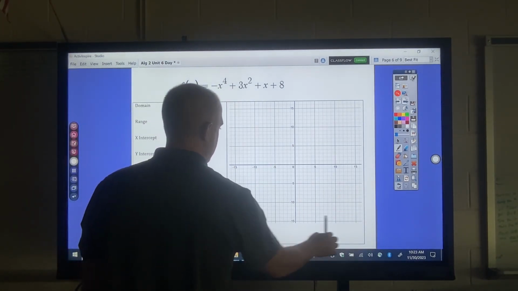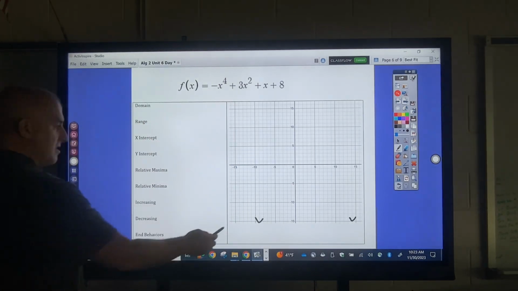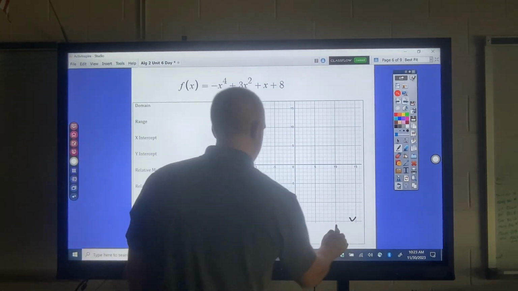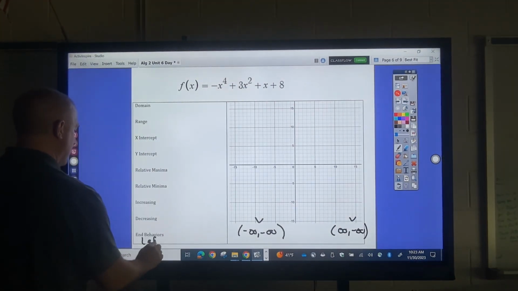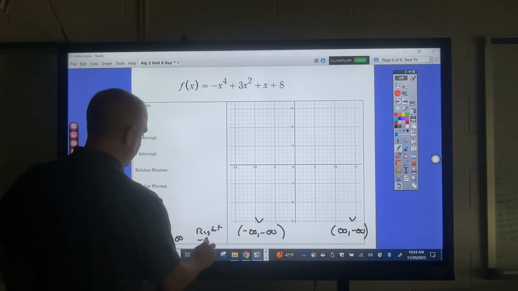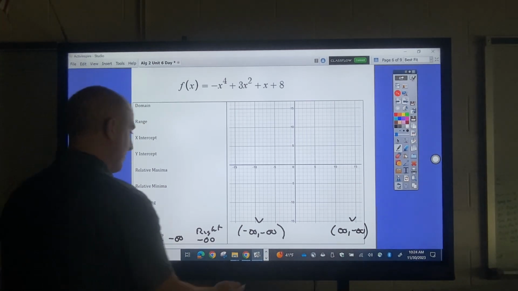So that's going to be things like this and this. Okay? All right? So we already really know that's negative infinity, negative. And that's positive infinity, negative. So my left end behavior is negative infinity, and my right end behavior is also negative infinity. I didn't even make the graph to know that. Okay, we talked about that earlier in the unit.